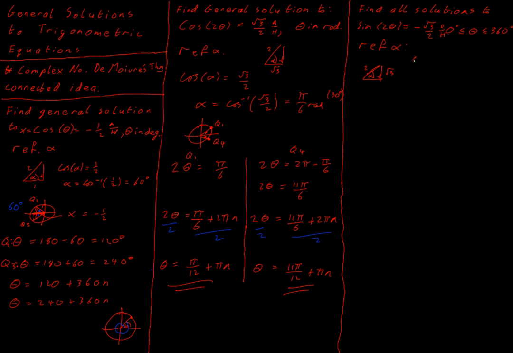So our sine of alpha is going to be root 3 over 2. Alpha is going to be, take inverse sine of both sides, and we're going to have sine inverse of root 3 all over 2 is equal to 60 degrees.